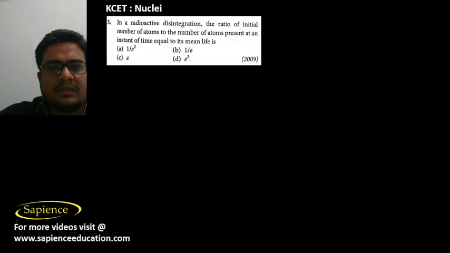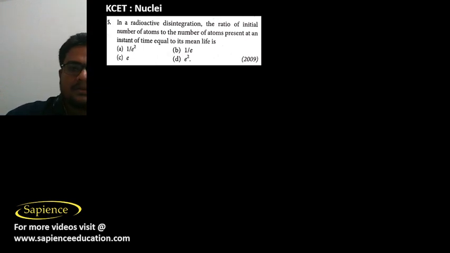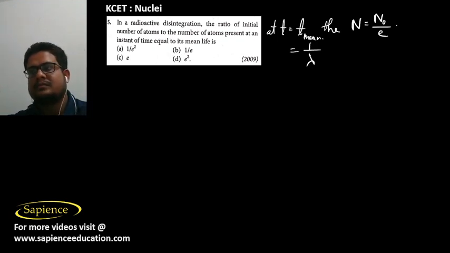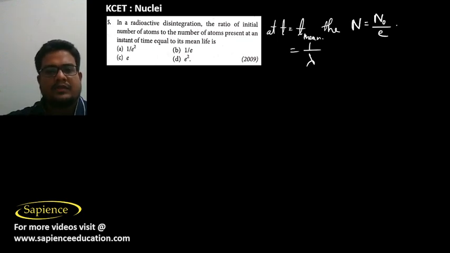In question number 5 it is told, in a radioactive disintegration, the ratio of the initial number of atoms to the number of atoms present at the instant of time equal to its mean life.